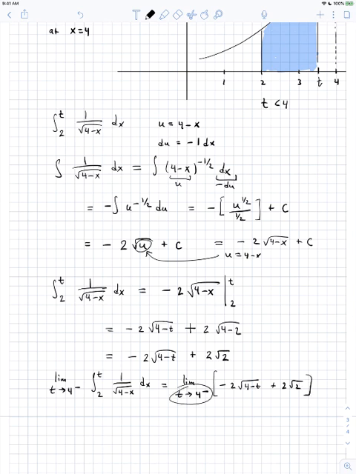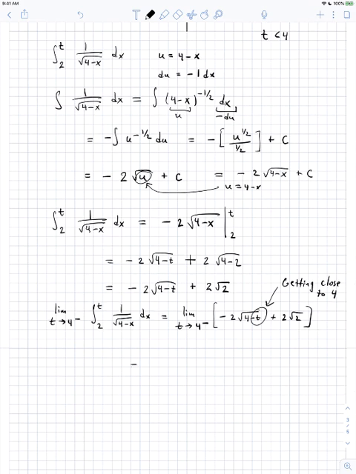T is getting close to 4, so this quantity is getting close to 4. So the limit is equal to minus 2 times the square root of 4 minus 4 plus 2 square roots of 2. There's no t there, so that doesn't change. But 4 minus 4 is 0. So you have minus 2 times 0 plus 2 square roots of 2. So the answer is 2 square roots of 2.